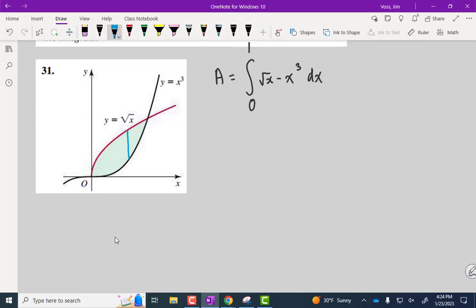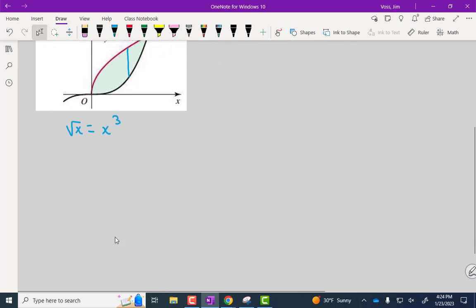If you don't see it by inspection, you set them equal to each other and solve. So, square root equation. What do you do to both sides when you have a square root equation? Apply the square root property. So we'll square both sides. If we square both sides, we end up with this.